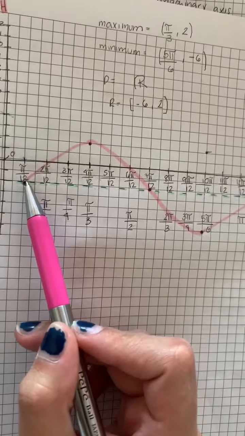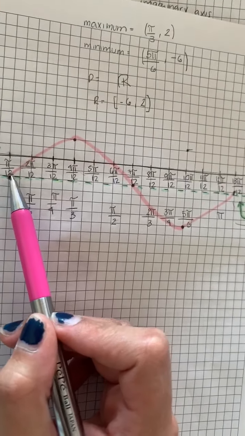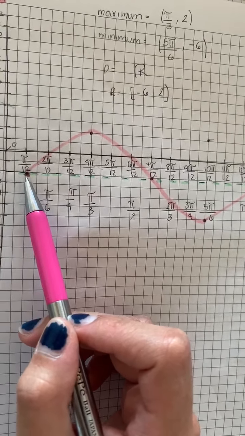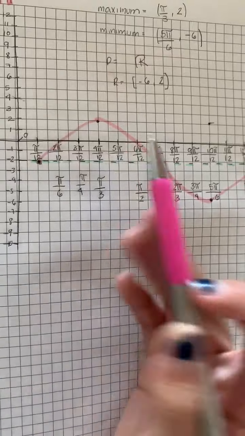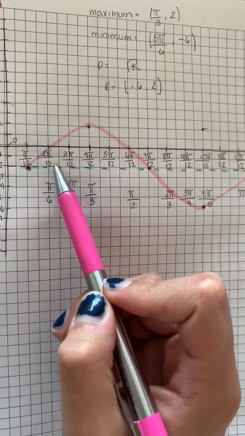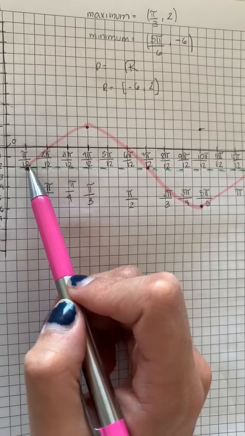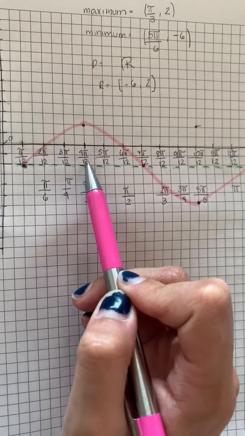Then, you're going to count where is the pi fourths. Remember I told you that pi fourths equals 3 points of pi over 12. So then you're going to count 1, 2, 3.